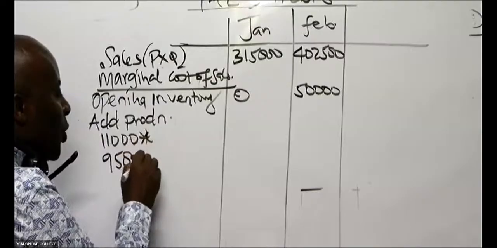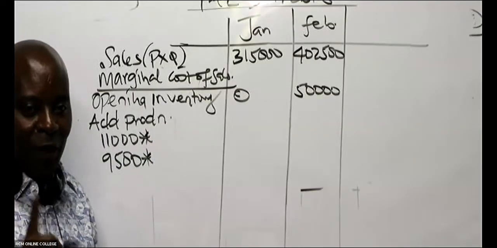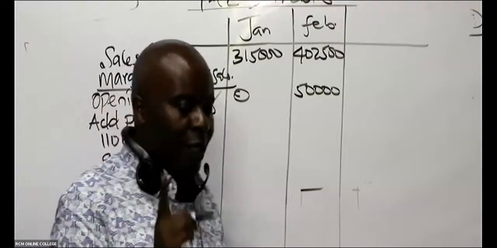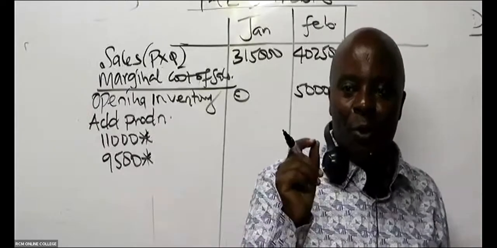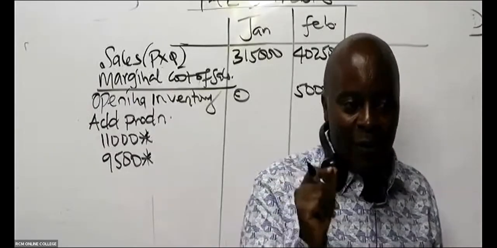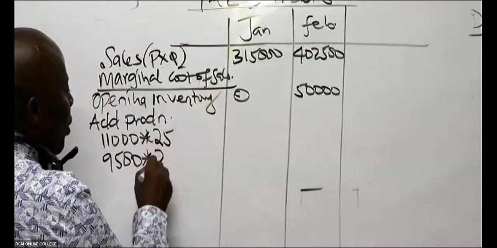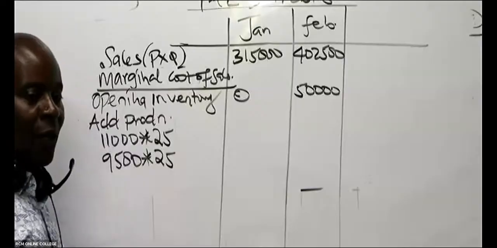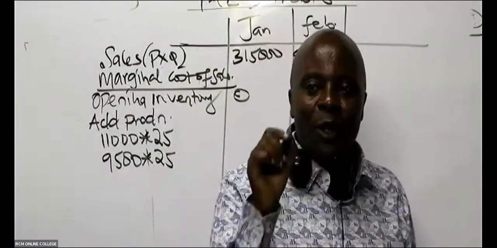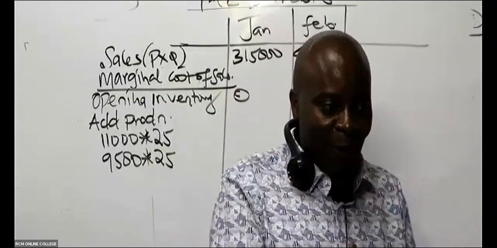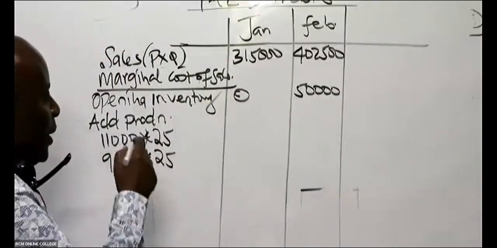And do we know the valuation of our produced units? Remember, we normally value produced units and inventories in the same way. And if it's marginal costing, then the units you produced were what? 25. So in this case here, we have 25 there. Don't vary units produced in terms of material cost. Don't split them up, because these are complete units. You are taking up every marginal cost. So are you able to give me these numbers?